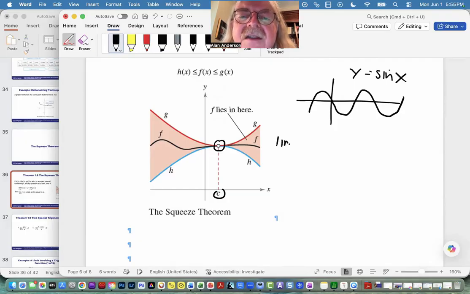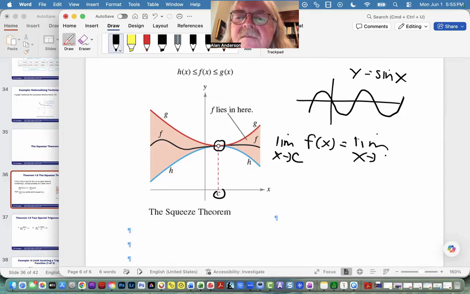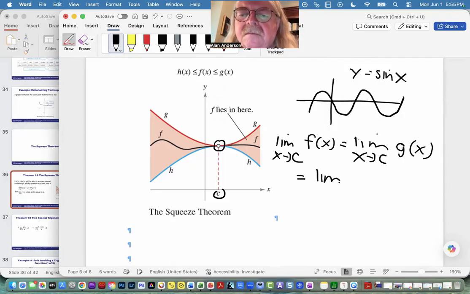So because of this setup here, they must have the same limit.